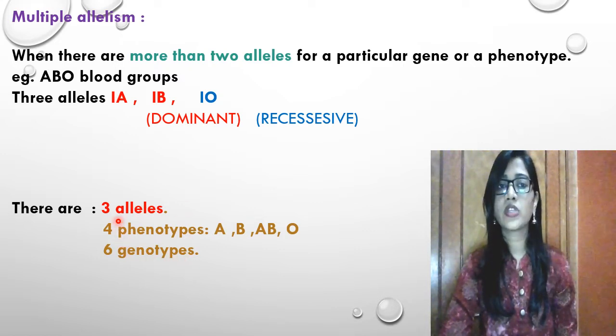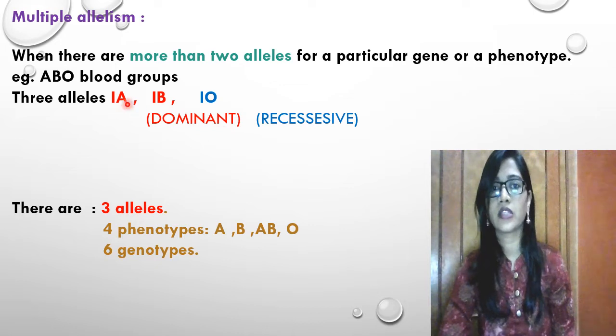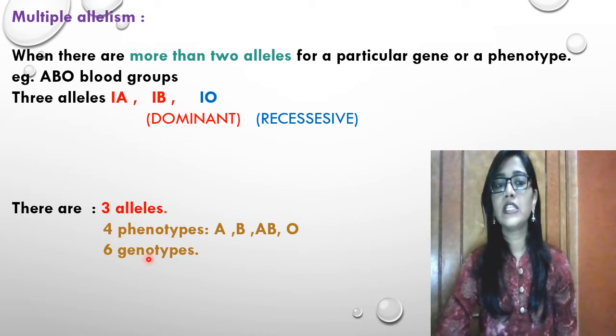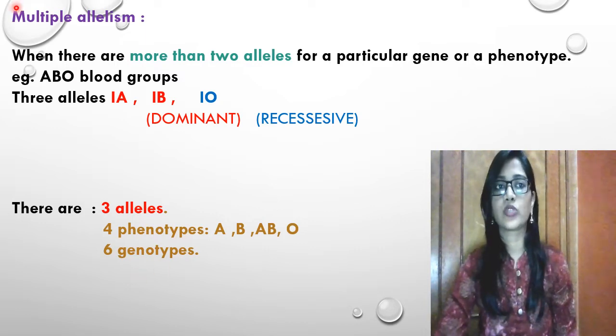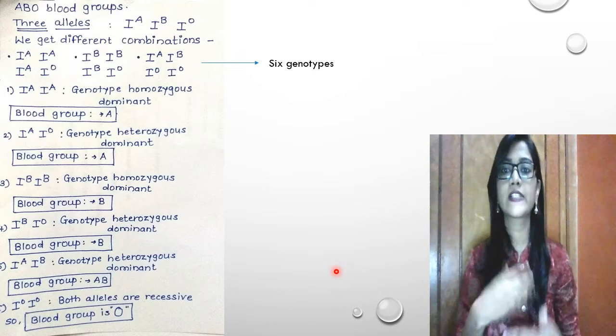Try to understand this slide: multiple allelism in case of ABO blood groups. Which are the dominant alleles and which are the recessive alleles? There are three alleles, four phenotypes and six genotypes. In this slide, we talk about the six types of genotypes.